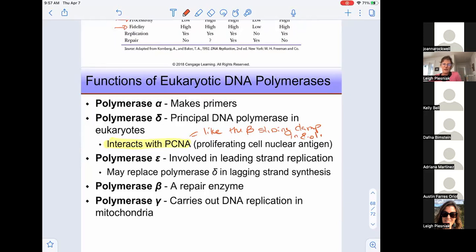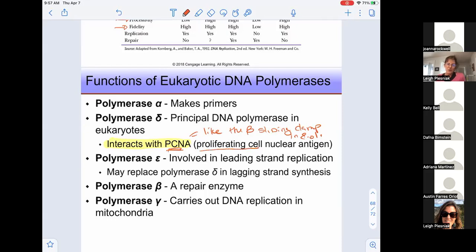The eukaryotic analog to that is PCNA, which is funny. You learn terms and then you don't really think about what they individually mean, and this name is probably a result of how it was described or how it was discovered. So, proliferating cell, meaning a cell that's going to be dividing.